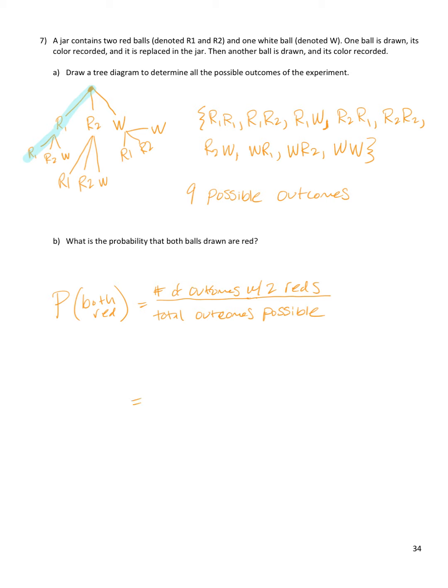So we already discussed how many outcomes are possible. That's 9. And how many of those outcomes have 2 reds, where we pulled 2 reds out of the jar?